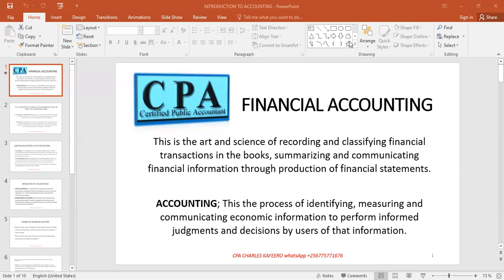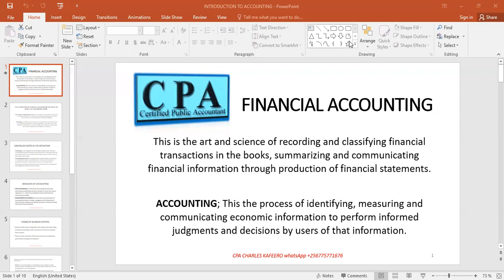Because when we are recording the information, we record it in the books of account. Those are the source documents. Having known which books we are supposed to record the information in, from the field or when we are transacting, then we shall also measure.